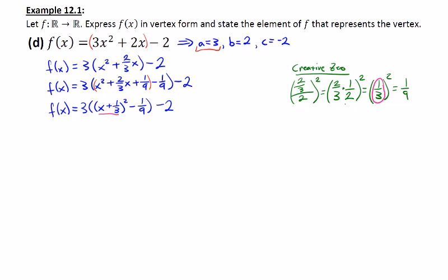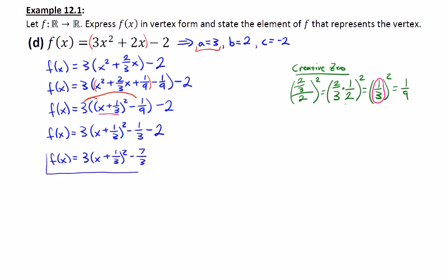And now I need to distribute the 3 back into this big parenthesis. So I would have f of x is 3 times x plus 1/3 squared minus 1/3 minus 2. Final step will be to combine the constants at the end. 3 times x plus 1/3 squared minus 7/3.